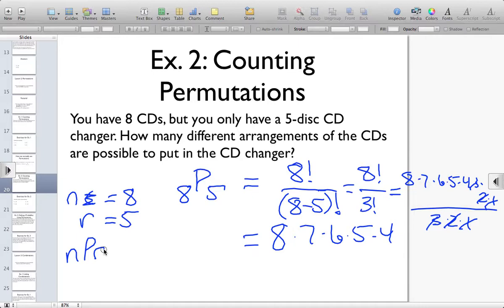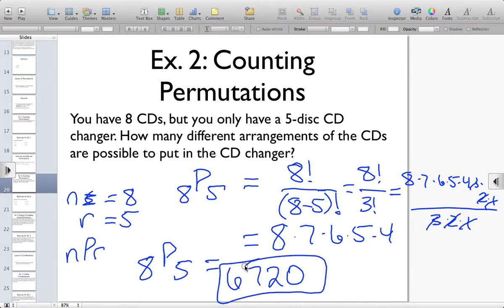Usually have to put the number first, then hit the button for nPr, and then hit 5 and then enter. Again, play around with it, it becomes easier with practice. And when we do that, we get 6,720 possibilities. So that is the answer to our question.